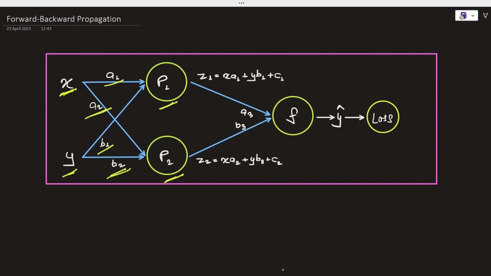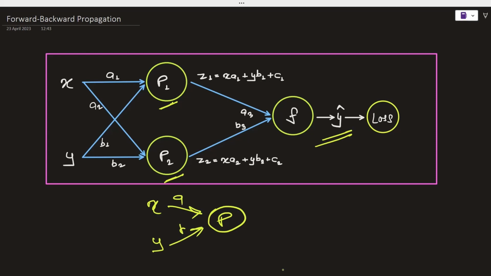When we say weights or coefficients, what we actually mean is the value or importance that we are giving to a particular feature in order to make the prediction here. Let's say, for example, we have only one perceptron P, two features X and Y, and their respective weights A and B. Let's say the value of A is 0.3 and the value of B is 0.7.